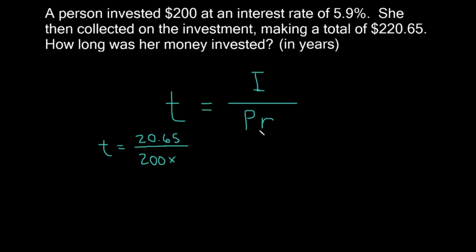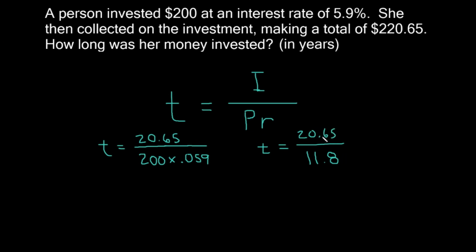And we're going to multiply that by the rate. The rate is 5.9, or 0.059 as a decimal. Let's first multiply the 200 times 0.059. That gives us 11.8. I'm going to actually move it over here. And on top we have 20.65.